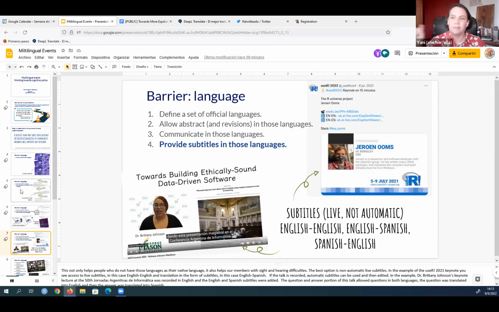So you can see the talk and go to a link to have this text that accompanies the keynote. And in the other example, the keynote was pre-recorded. We upload the talk, we use the automatic caption, we edit to fix all the mistakes, we translate this, and we add the Spanish version of these subtitles.